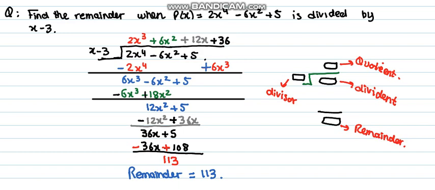Let's move to our next topic, which is the remainder theorem.